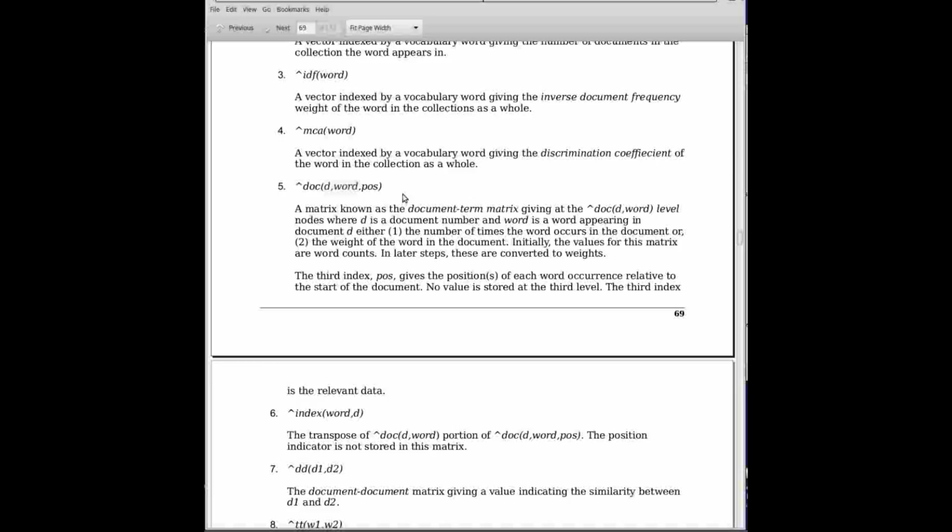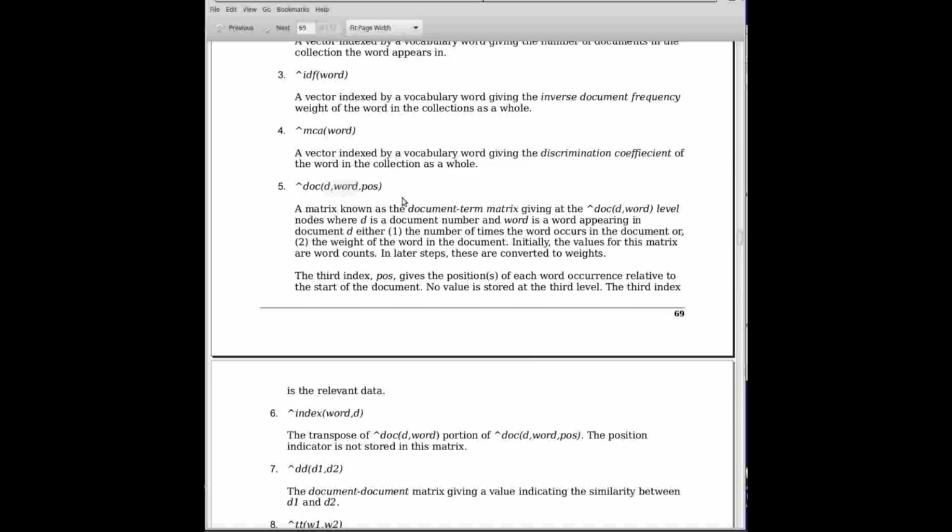If they occur randomly before and after and a considerable distance to one another, even if they co-occur frequently, there's probably not much of a relationship between them. So this position indicator here tells us where each word occurred. So if a word like medicine is in a document 5 times, there'll be 5 values of POS telling exactly where it occurred. For most calculations, we're only going to use the first 2 indices, document number and word.